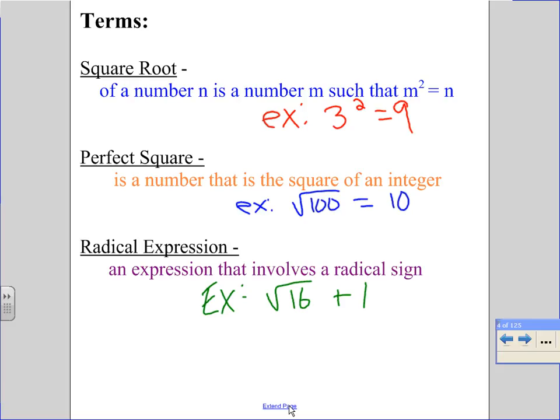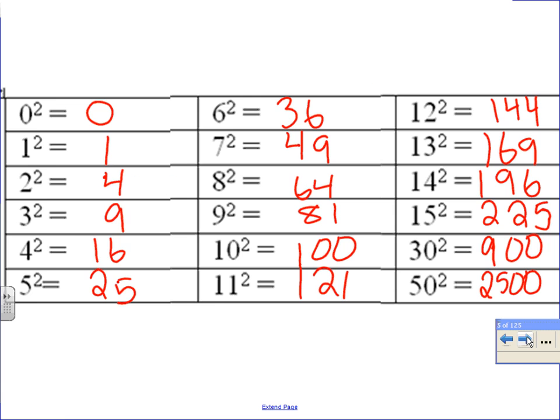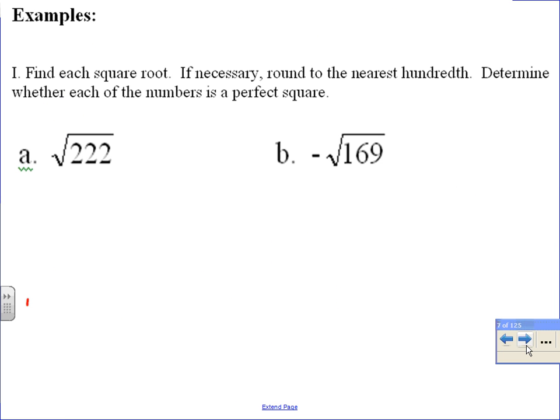Square root of 16 is 4, and then 4 plus 1 is 5. And when we simplify them, you still need to follow order of operations. A radical symbol, which is your square root symbol, you can consider a grouping symbol, because there's going to be things in it. So you always want to simplify that first. All right, let's do some examples.